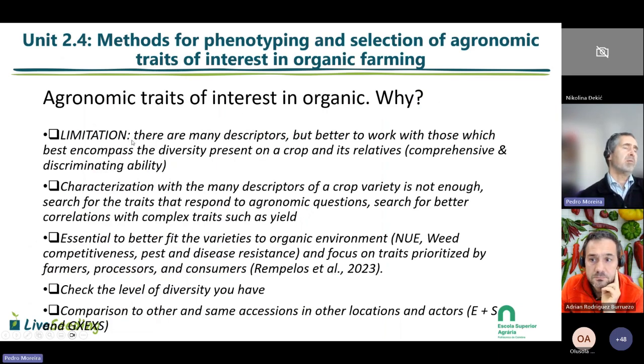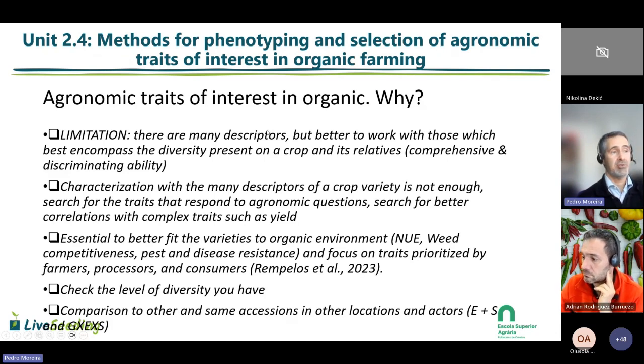So I would like to make a summary about our class or meeting: why agronomic traits of interest in organic are important, and what the limitations are.